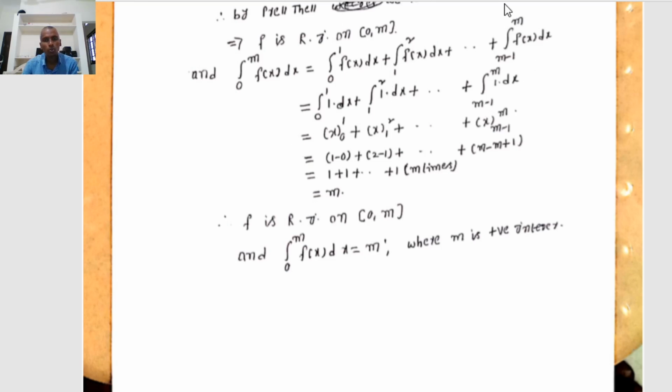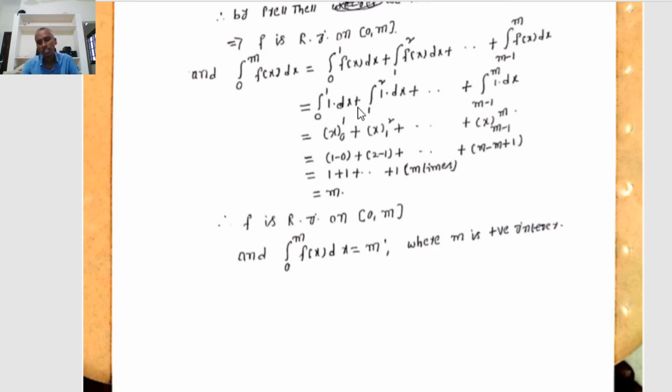That implies the integral from 0 to 1 of 1, the integral from 1 to 2 of 1, the integral from 2 to 3 of 1, and also the integral from m minus 1 to m of 1, since except at integers the image equals 1. Therefore it is the integral from 0 to 1 of 1 dx, 1 to 2 of 1 dx, 2 to 3 of 1 dx, up to m minus 1 to m of dx.